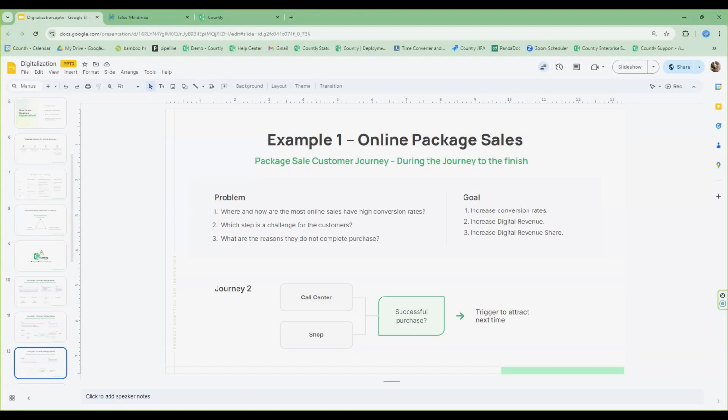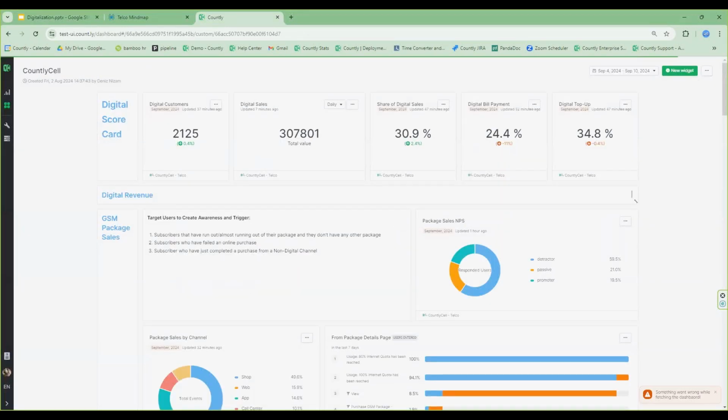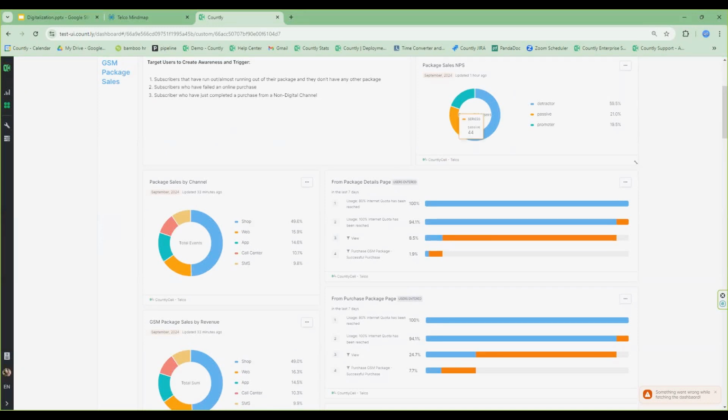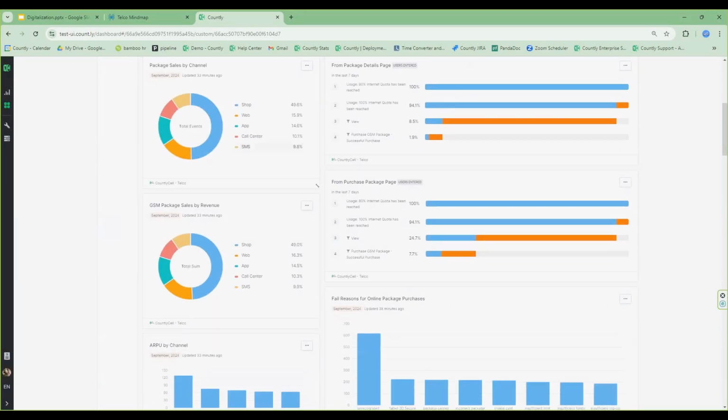Now, looking at the dashboard from the revenue perspective, I can look at their NPS. How happy were they by purchasing online? What is my overall sales compared to other channels? Am I improving compared to the other physical channels or not?